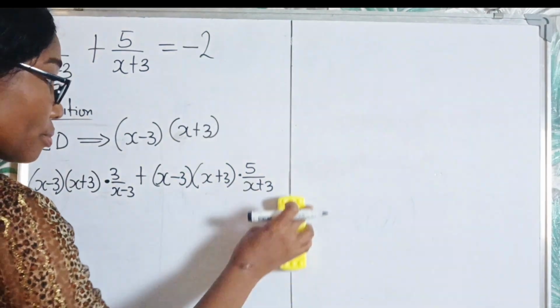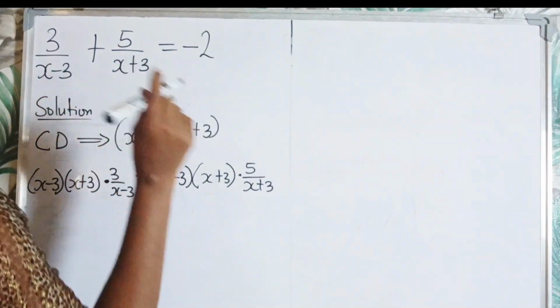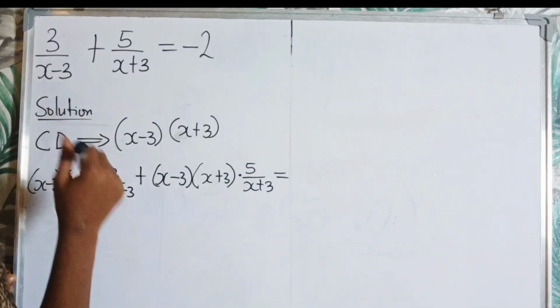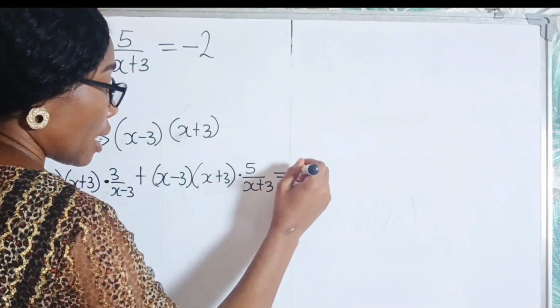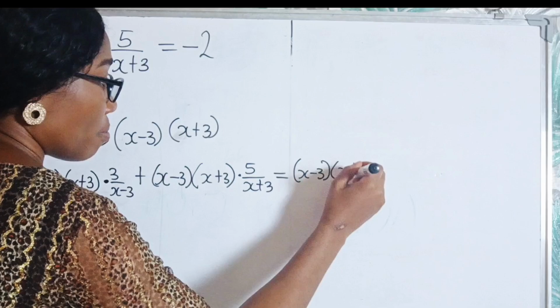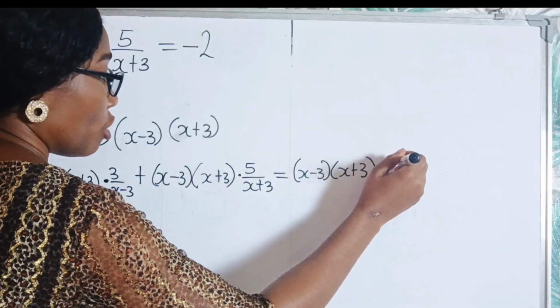Okay, let me extend it, and then this is equal to, we are going to have x minus 3 into x plus 3, multiplied by minus 2.